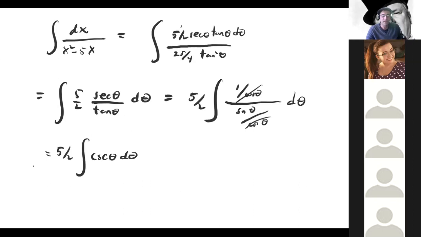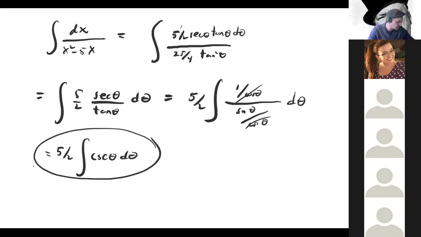Oh, we have the same integral we had before, which I said I would have to do later, right? So I think I owe you the calculation of this integral, which I said was minus ln of cosecant theta plus cotangent theta plus c.